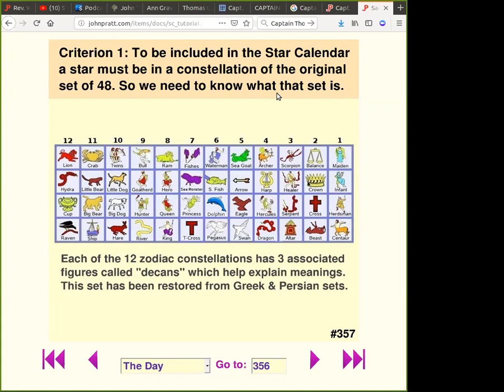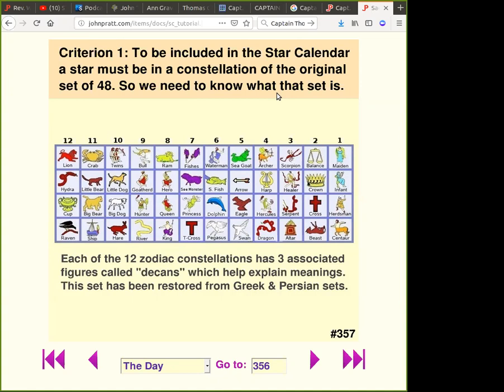To be included in the star calendar, the star must be in a constellation of the original set of 48. So we need to know what that set is. Now, there are 12 zodiac constellations, and each of those has three associated figures called decans, which help explain meanings. This set has been restored from both the Greek and Persian sets.